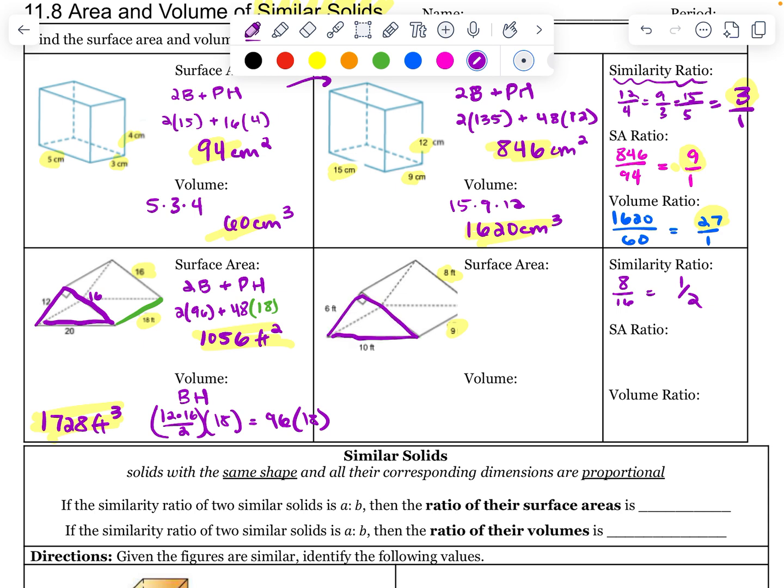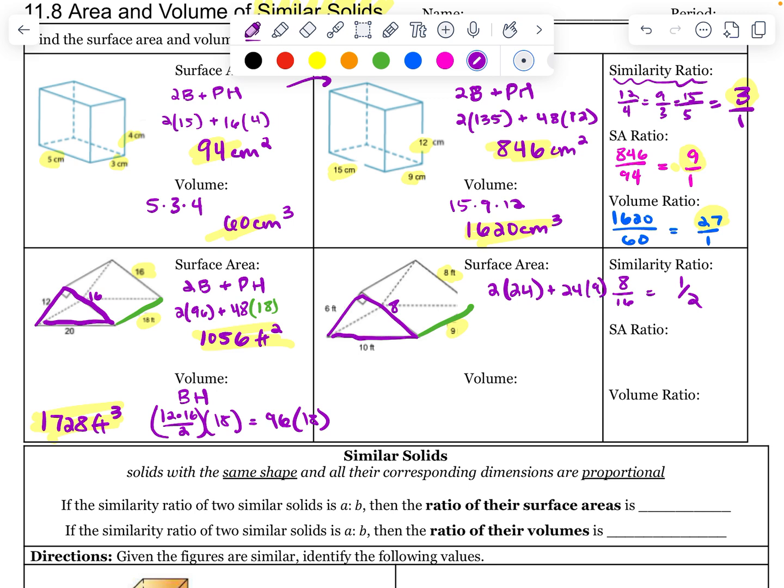Yet again, that's 8. The height is going to be 9. So we've got 6 times 8 divided by 2, which is 24. The perimeter is 6 plus 8 plus 10, 24, and the height is 9.